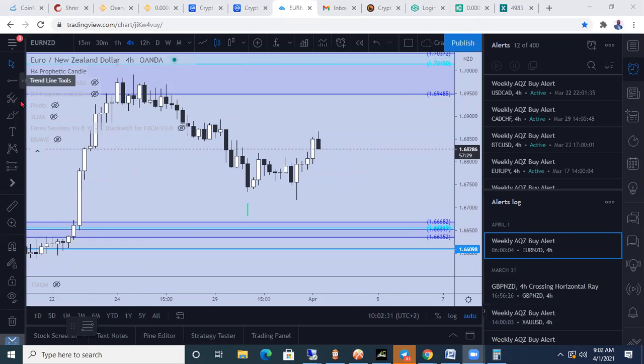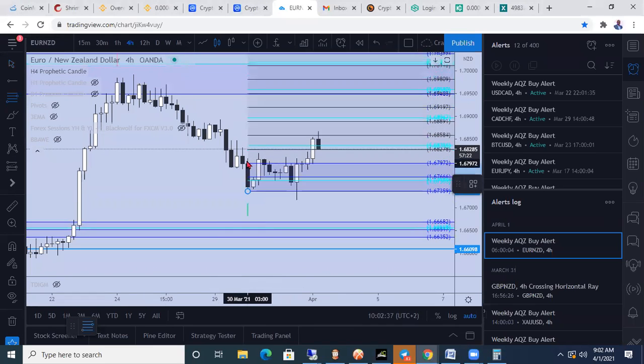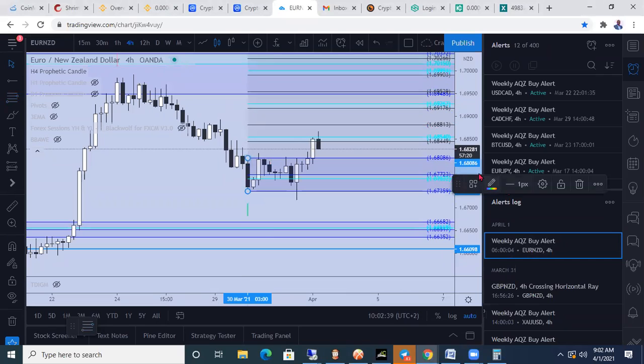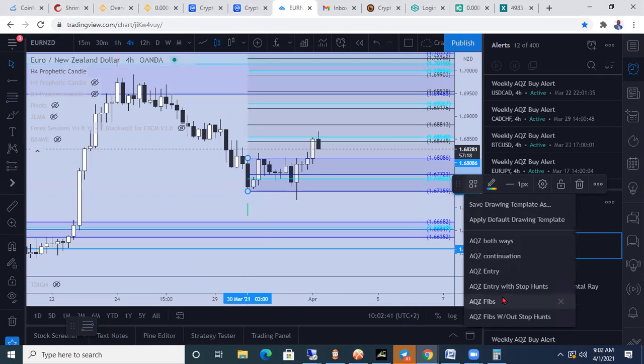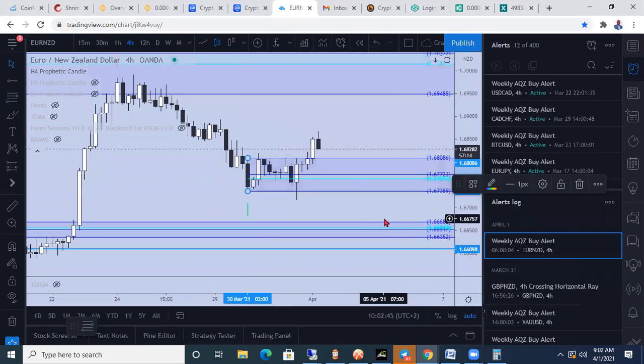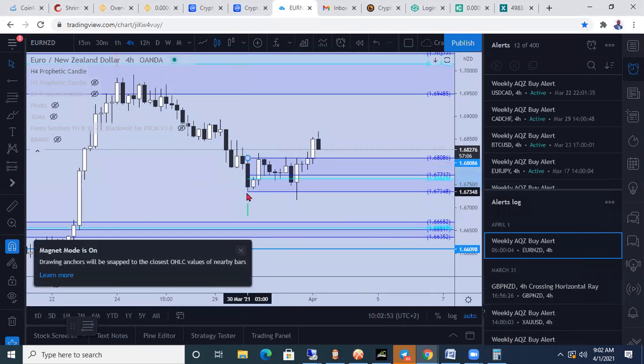So now I can basically draw my fib from beneath to the top. So here I have the breakout that necessitated the PC.